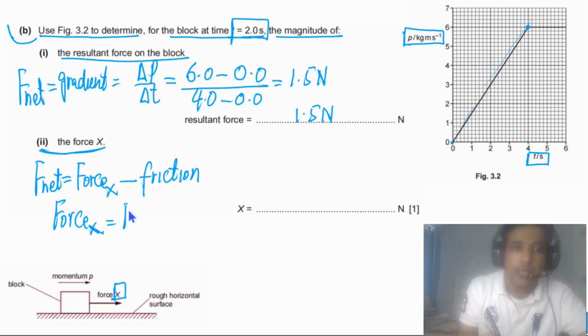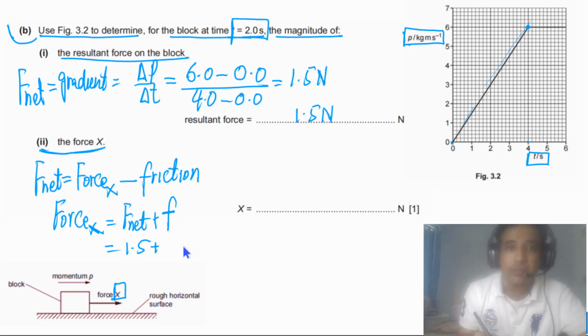So this will be equal to F net plus the frictional force, which I'll write as small f. F net we have calculated, that is 1.5, and the frictional force is given in the question, 2.0. So this is equal to 3.5 newtons. So the value of force X is 3.5 newtons.